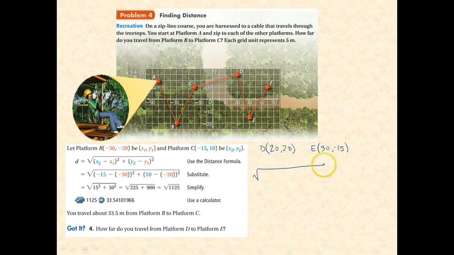So my distance formula is the square root of the difference of the x components squared, plus the difference of the y components squared. So x minus x is going to be 30 minus 20. y minus y is negative 15 minus 20.